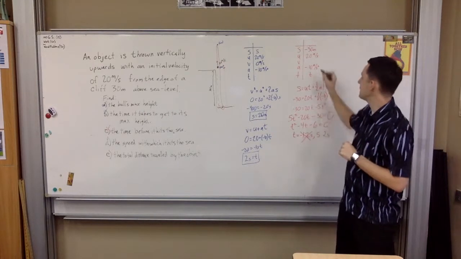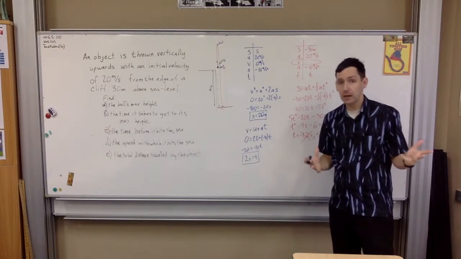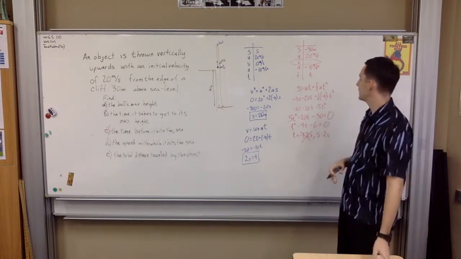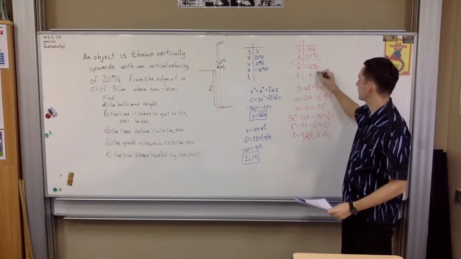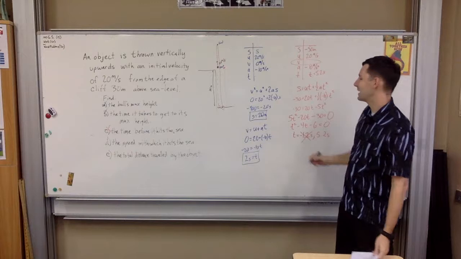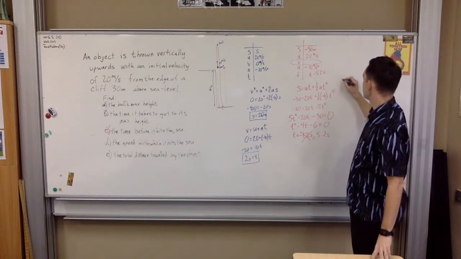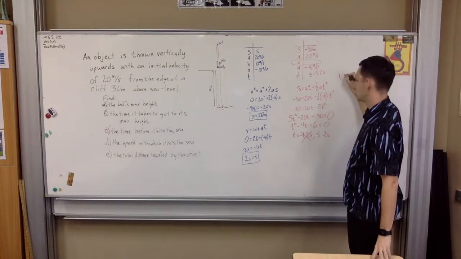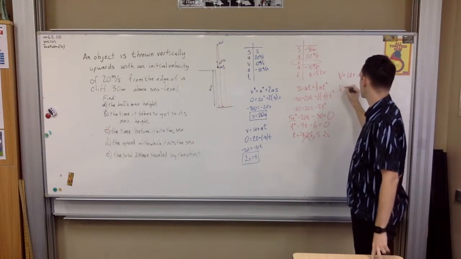So I want to find V now. So again, I can use any equation. Okay, any equation is fine because I now have time as well, which was 5.2 seconds. Again, I think I'm just going to go with the easiest one I got there, which is that V equals U plus AT. V is what I'm looking for.